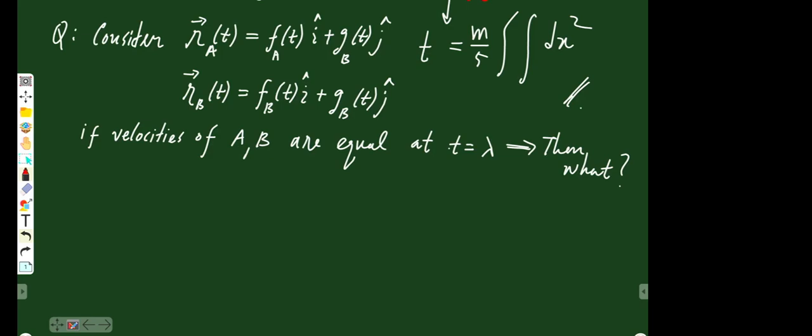If the positions are given to you, you take the velocities, right? So velocity of r of a as a function of t is equal to d/dt of r of b at that point. Now, this is evaluated at t is equal to lambda. Do you guys feel what I'm saying, right?